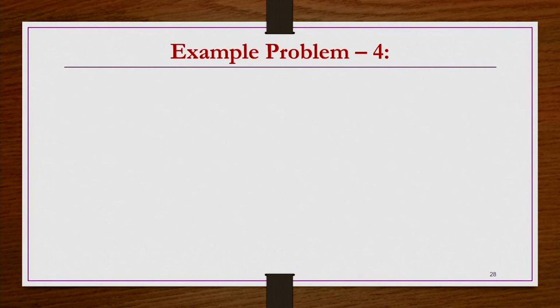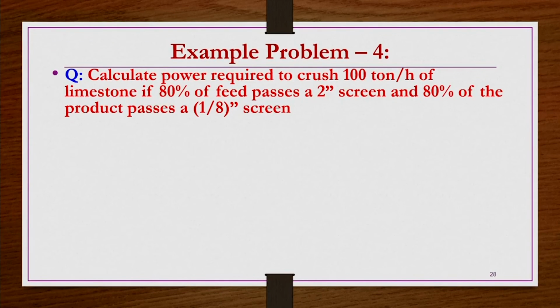Now we take an example problem so that we can understand how to apply Bond's law for the power requirement for a given size reduction operation. Calculate the power required to crush 100 tons per hour of limestone if 80% of the feed passes a 2-inch screen and 80% of the product passes a 1 by 8-inch screen.